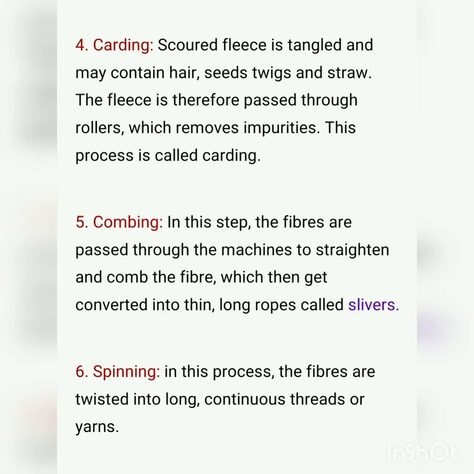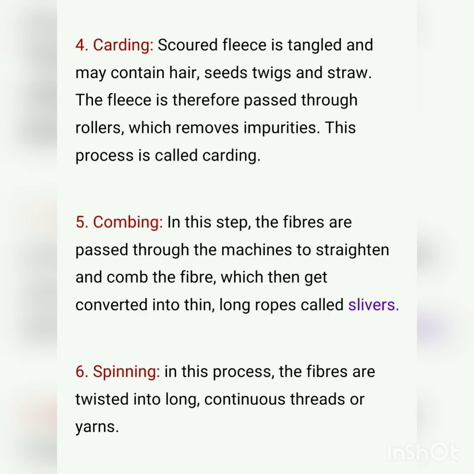Then the fourth step in the processing of wool is carding. In this process, the wool is passed through cylindrical rollers so as to remove the unwanted impurities like hairs, seeds, twigs, straws, etc. that are entangled in the raw wool.